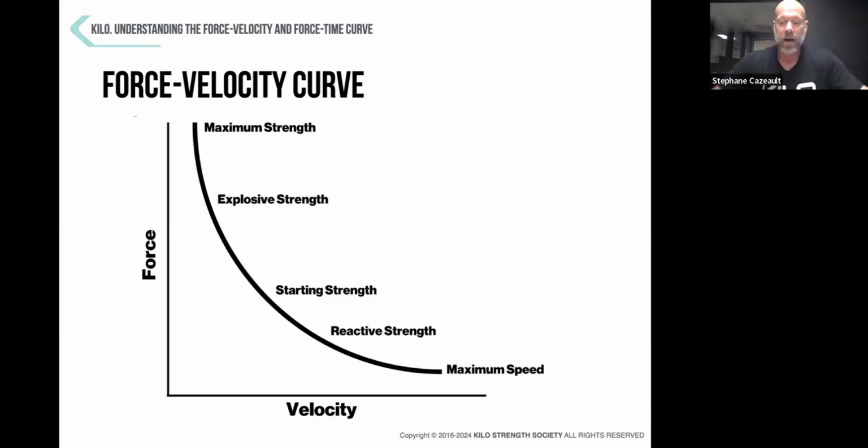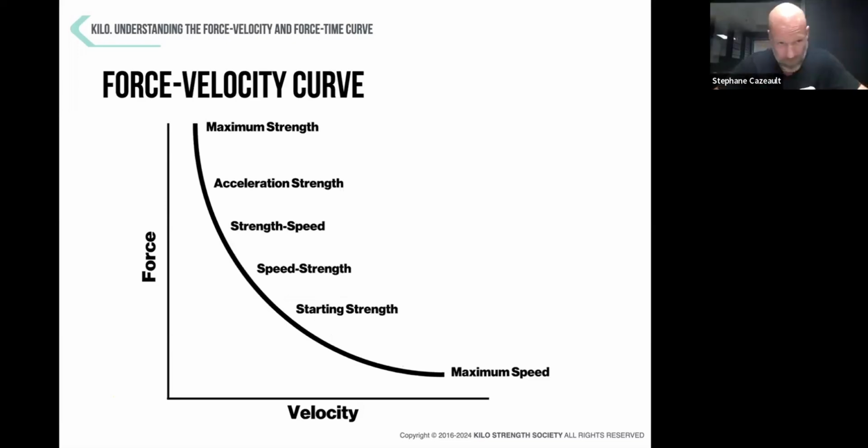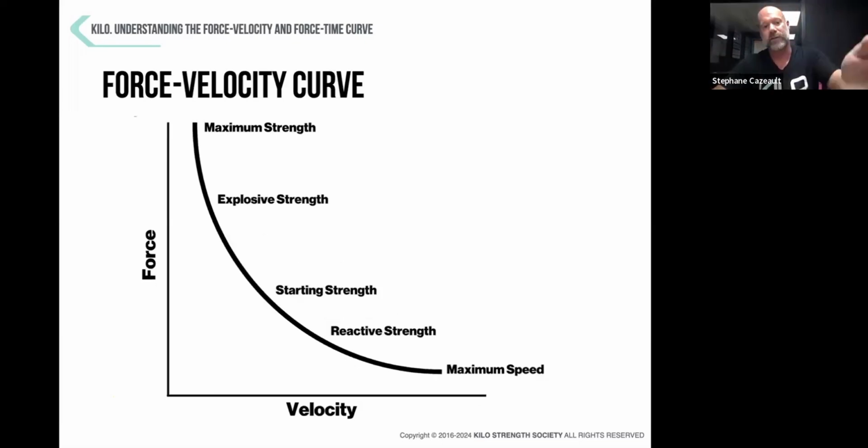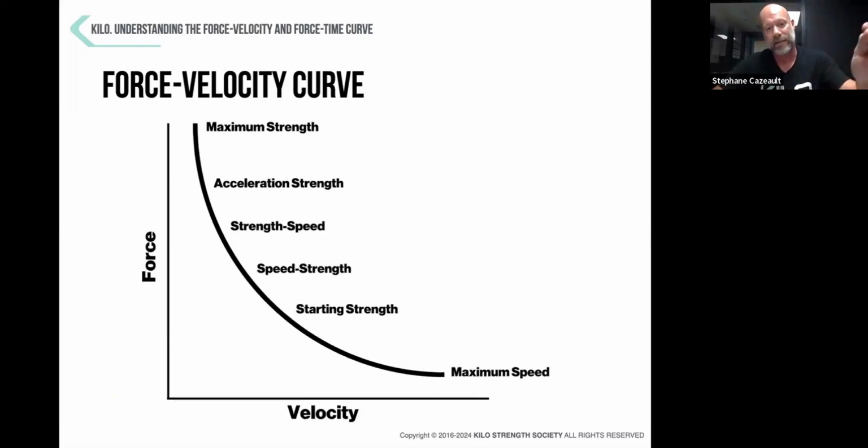Okay. Now, with the force velocity curve, these are the overarching qualities involved in speed strength, but I'm sure a lot of you have seen this force velocity curve, which is a progression of this, if you want. So this is the overarching qualities of speed strength, and this is a subdivision of explosive strength.